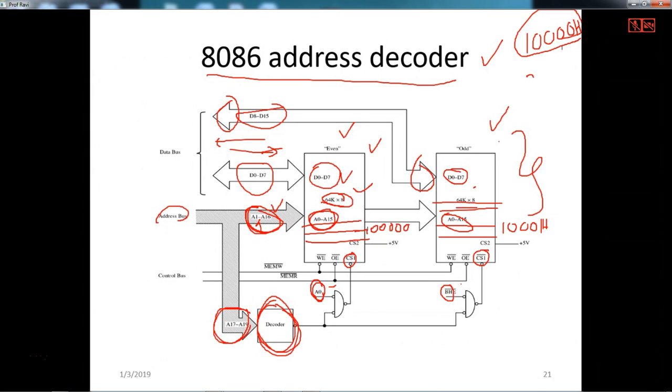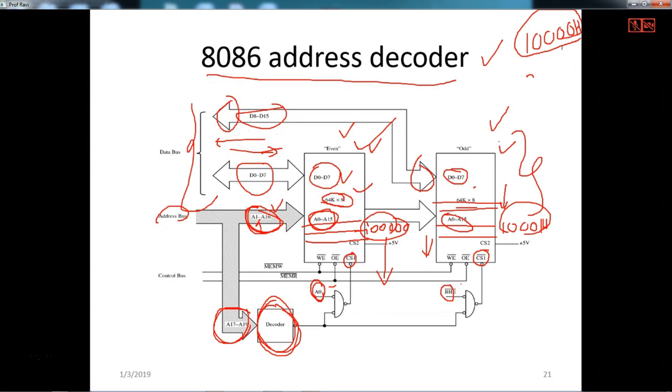Then the next address will be 10002, the next address will be 10003. So these are all odd addresses in one bank, even addresses in this bank. When the address is even, a byte should be fetched from this. When the address is odd, then the byte will be fetched from this. If it is an operation starting with an even address, then a byte should come from this, a byte should come from this, then 16 bits can be read by the microprocessor. This is what needs to be done.